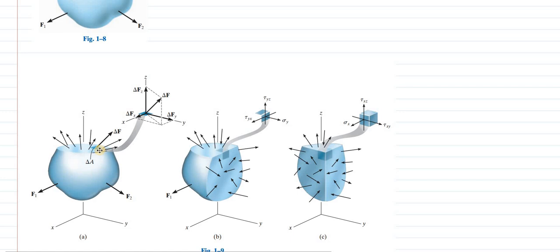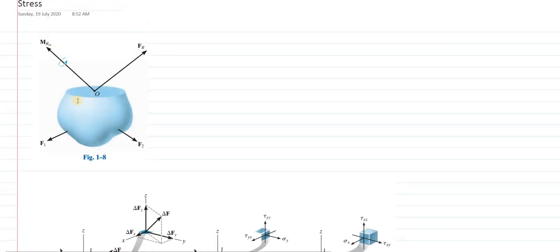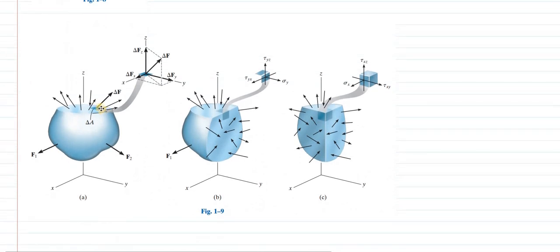Then you consider a smaller and smaller area, limiting so that delta A approaches 0, and you consider a small force delta F contributed by this area delta A. All these areas together, the complete area, will give you this resultant FR and MR. So each area is giving us a portion of the total force. Let the portion contributed by delta A be represented by delta F. So delta F is the force acting over a small area delta A.